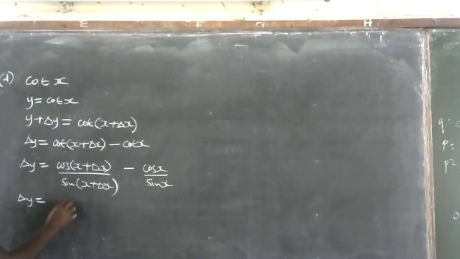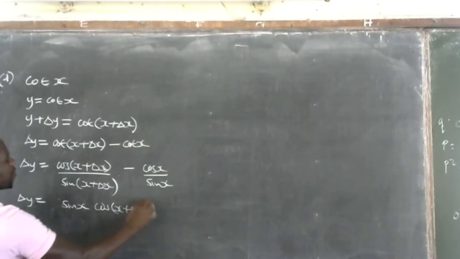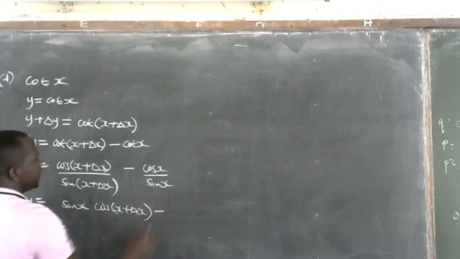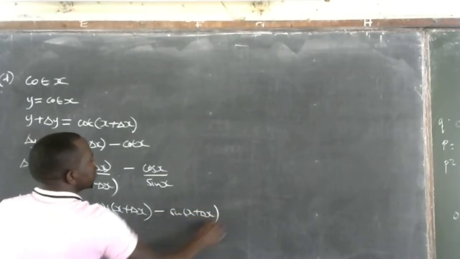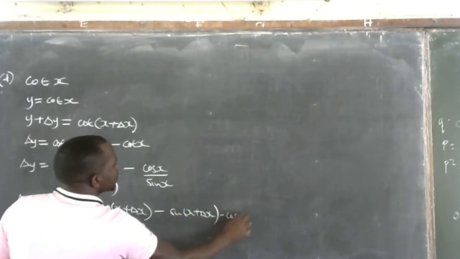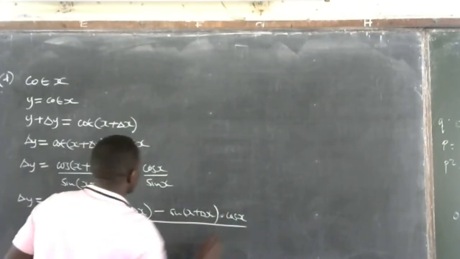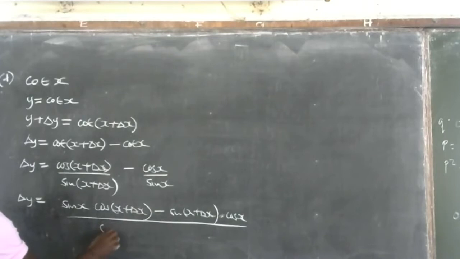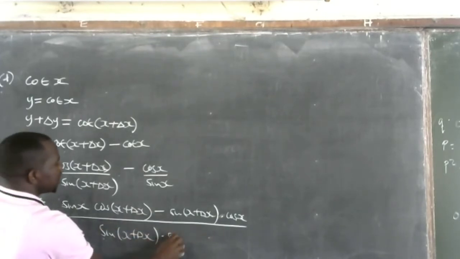It should be sine of x first, then multiply by cos of x plus change in x, minus sine of x plus change in x multiplied by cos of x, divided by sine of x times sine of x plus change in x.